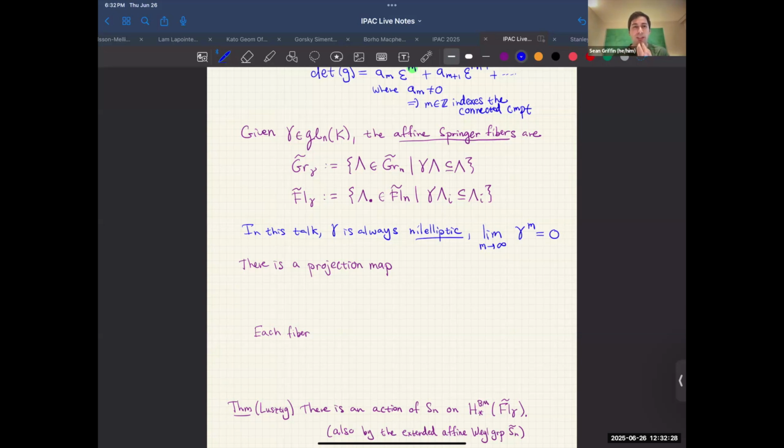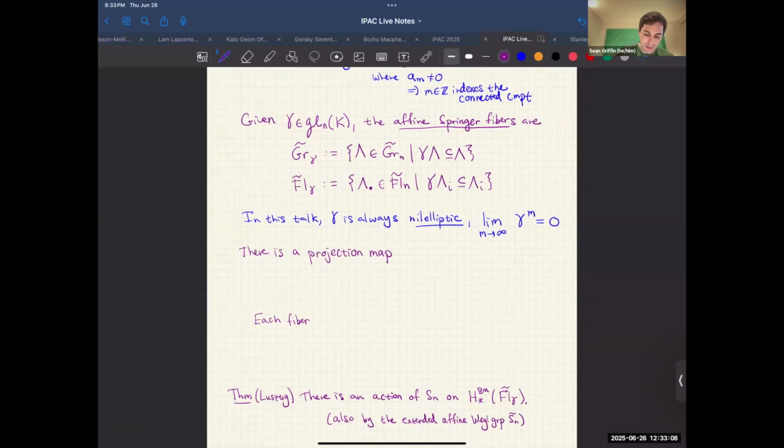By that I mean as you keep raising this operator to higher and higher powers, the epsilon coefficients in the matrices keep getting larger. There's no constant hanging around. So for example, I could have a diagonal matrix with all positive epsilon powers. That would be nil elliptic, but I'm not allowed negative or zero powers for diagonal matrices.